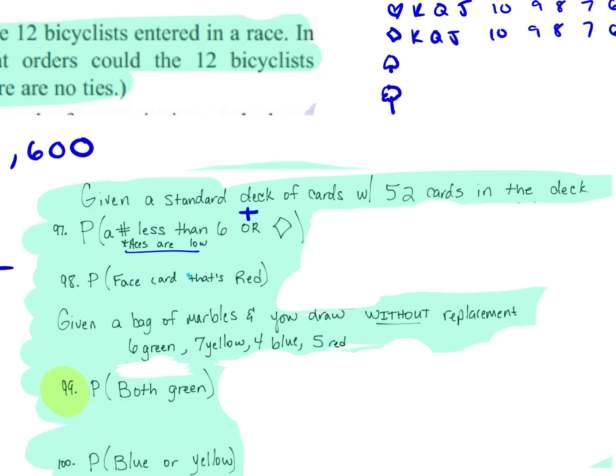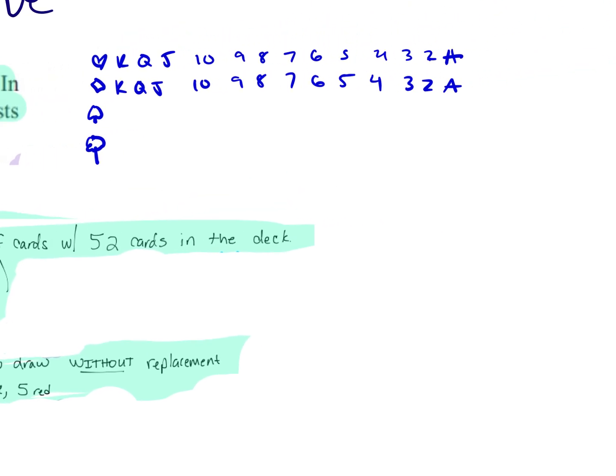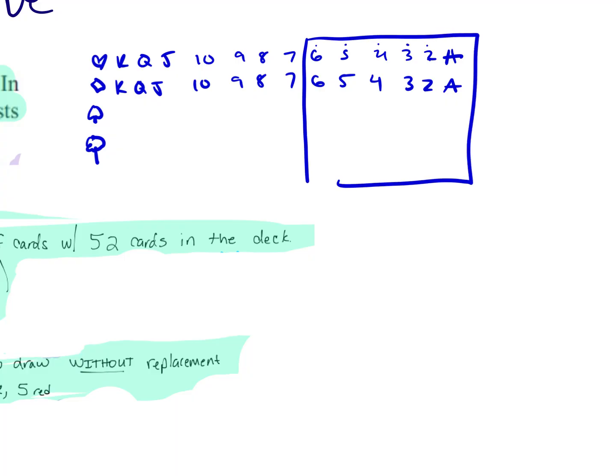Remember, or means to add. So let's find out, how many numbers do we have less than 6? So less than 6 would be all of these. So we have 1, 2, 3, 4, 5, 6. 6 times 4, because we have 6 numbers less than 6 in each suit.